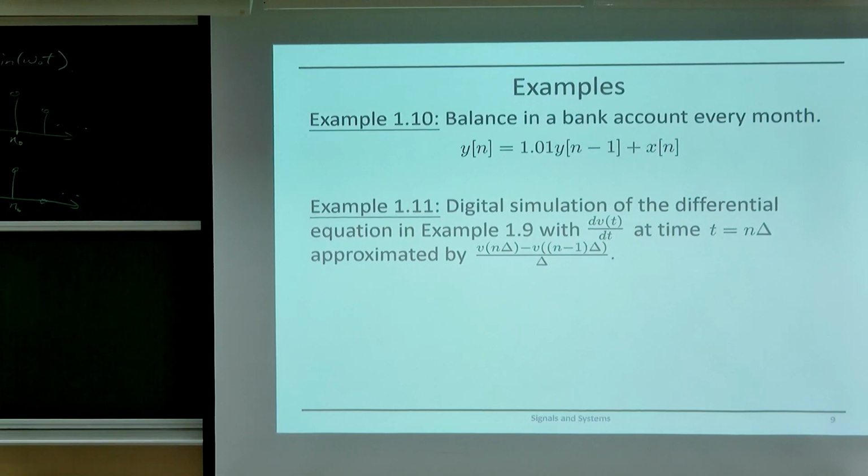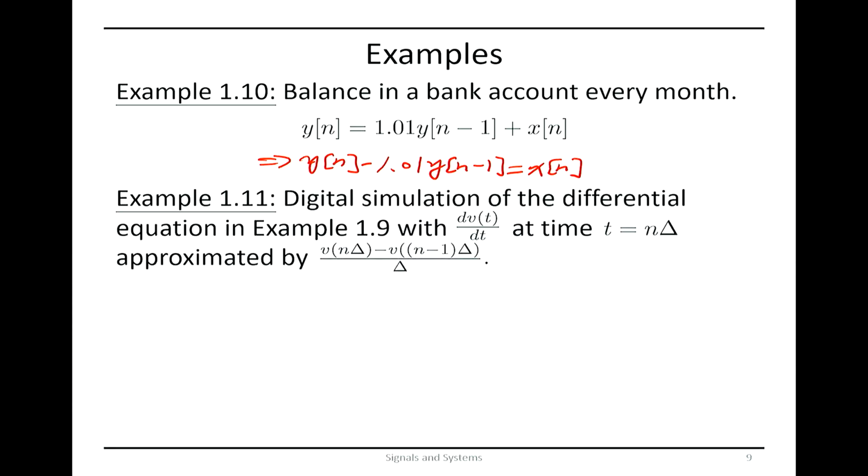Again, we're more accustomed to writing the output on the left-hand side. So we can write this as y n minus 1.01 y n minus 1 equal to x n.